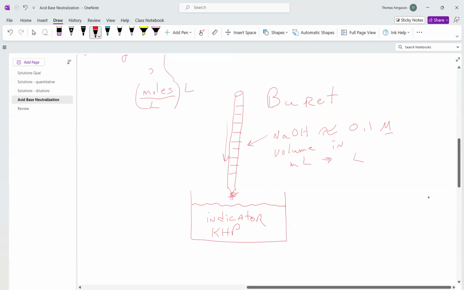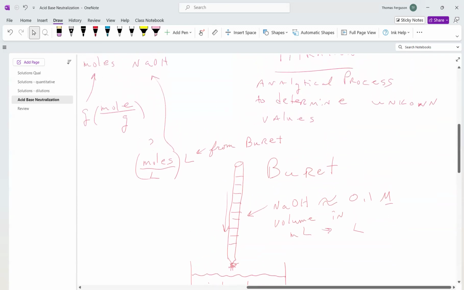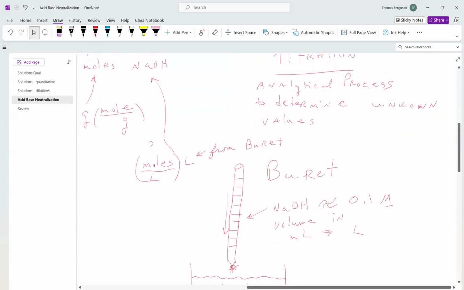And going up here, that L comes from the burette. You don't know what the moles per liter is. And the moles of acid is equal to grams times the inverse of the molar mass.